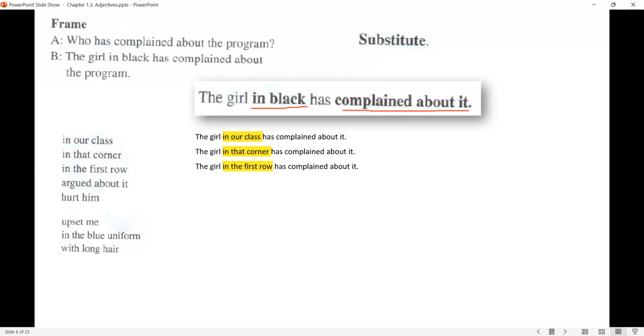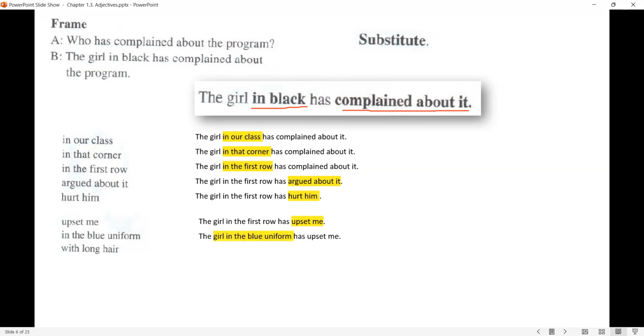Argued about it. The girl in the first row has argued about it. Hurt him. The girl in the first row has hurt him. Upset me. The girl in the first row has upset me. In the blue uniform. The girl in the blue uniform has upset me. With long hair. The girl with long hair has upset me.